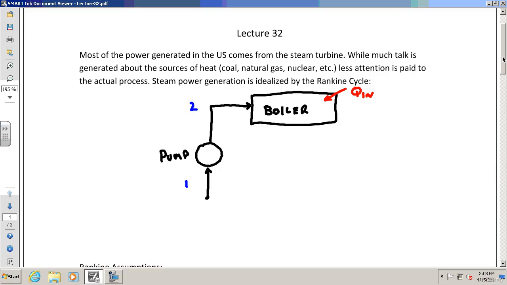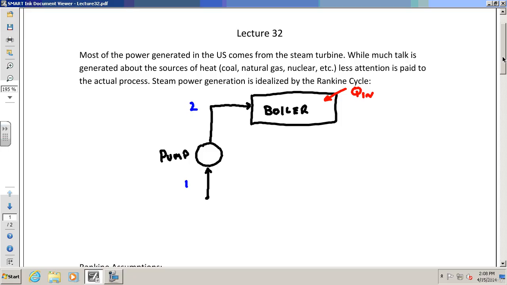We've got to burn something. That's going to take that liquid water, and everybody's seen how to boil water, right? We're basically going to boil it. In thermodynamic terms, we're going to take it from compressed liquid water into most likely superheated water. Most likely superheated.